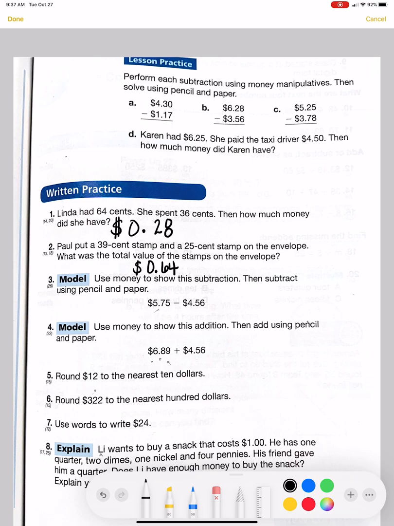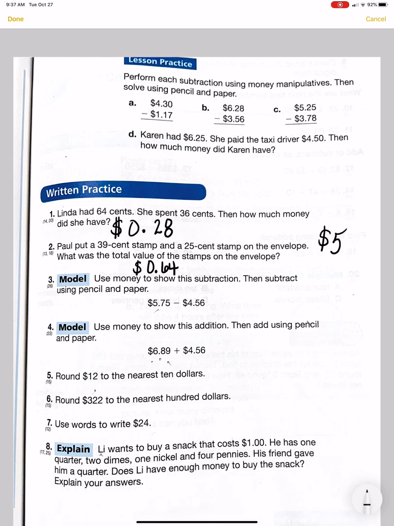Number 3, $5.75 and $4.56. We're adding. No, we're subtracting. I almost made a big mistake. I cannot take 6 from 5. 7 becomes a 6. 5 becomes 15.